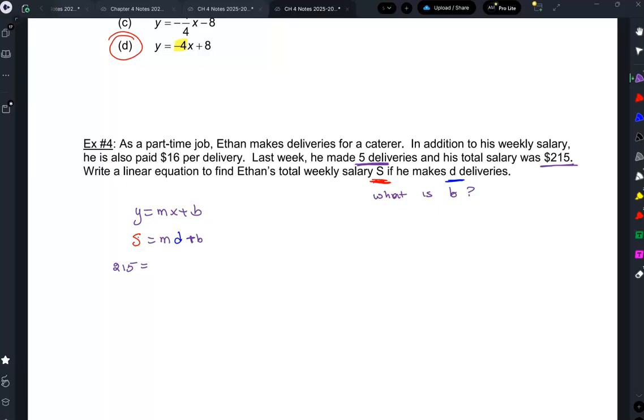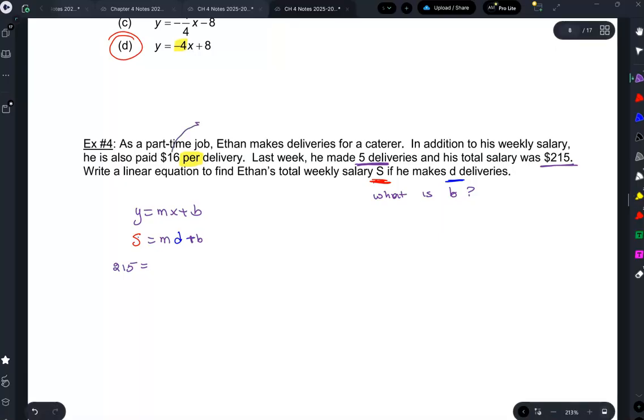Rate of change. In this problem, what's the rate of change? 16. Because you know how you know the rate of change or the slope? It's like per. When you see that word per, that's the rate of change.